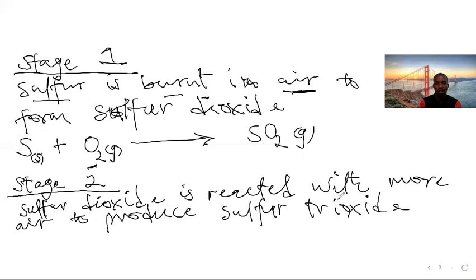Sulfur dioxide is made to react with more air to produce sulfur trioxide.